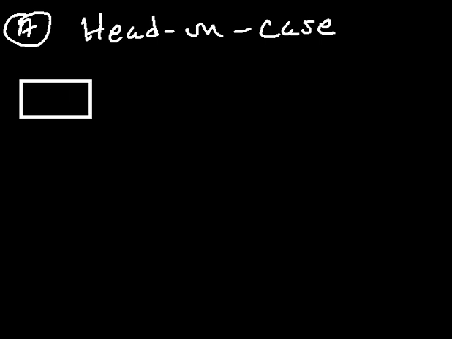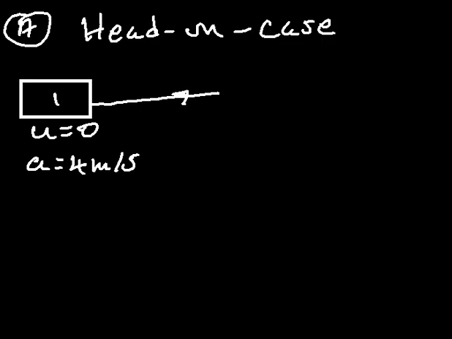This is our object 1, and let's say it is moving towards this direction. And let's say the object starts from rest, where the initial velocity is 0, and it is moving at a constant acceleration given as 4 meters per second squared.